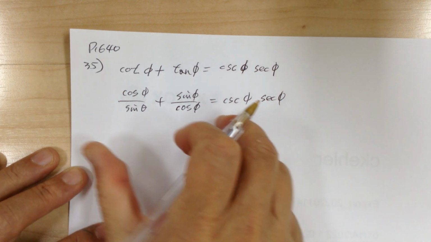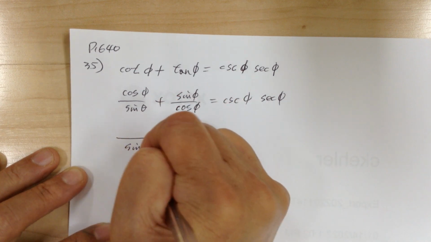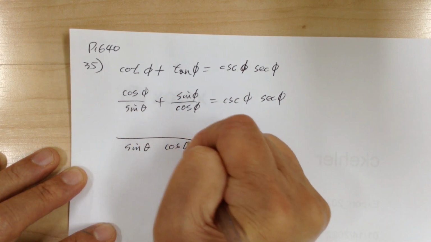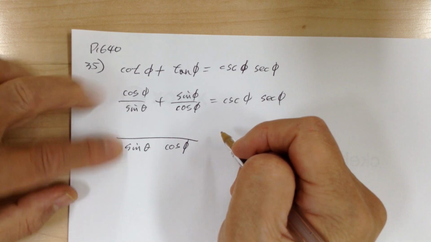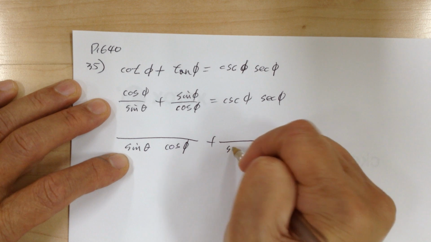When we add, we need a common denominator, so we need sine phi cosine phi.